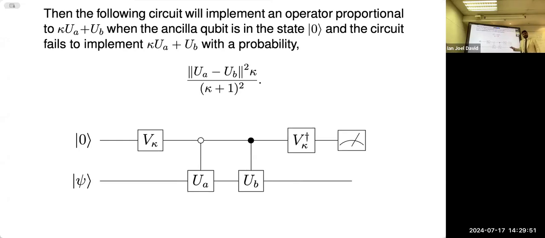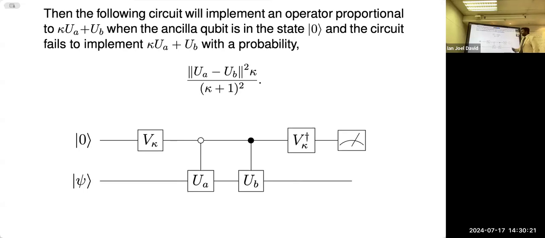And when it's in the state 1, that is when your algorithm has failed and you don't implement that linear combination of unitaries. So we can do linear combinations of unitaries on a quantum computer. However, it's at a cost of it being probabilistic, meaning there is some chance that we can fail, that our algorithm will spit out the opposite of it, so the difference of these unitaries or something else altogether.